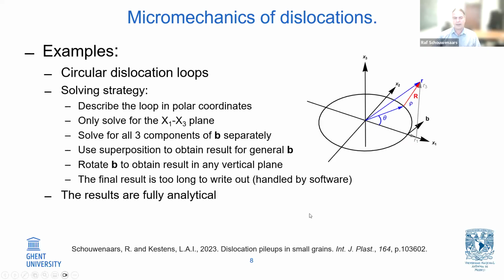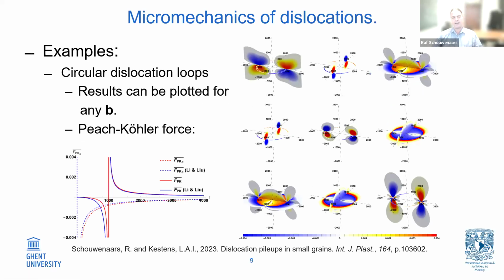But the results are fully analytical, and that means that you can plot and calculate a lot more quickly than what you would do with numerical approximations. So we've got here circular dislocation loops. I think it's just an edge along the x1 axis, so it will become a screw along the x2 axis. And you see nicely how the sign of the dislocation changes along the loop. So we've got all the components of the stress.